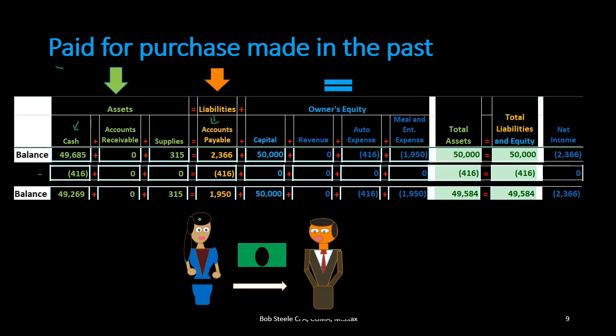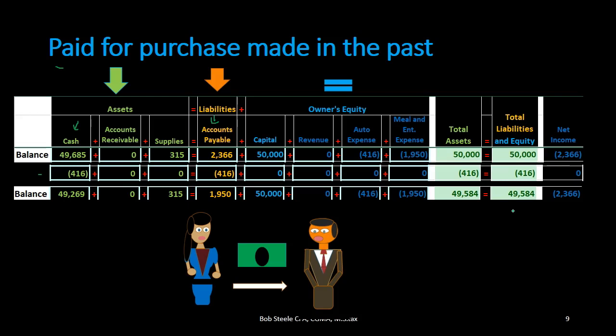If we then add these up, we have the cash 49,269 plus 0 plus 315 gives us 49,584, and then the liabilities 1,950 plus the 50,000 capital plus 0 minus 416 minus 1,950 brings us to a balance of liabilities and equity of 49,584. That means we're in balance here, of course.